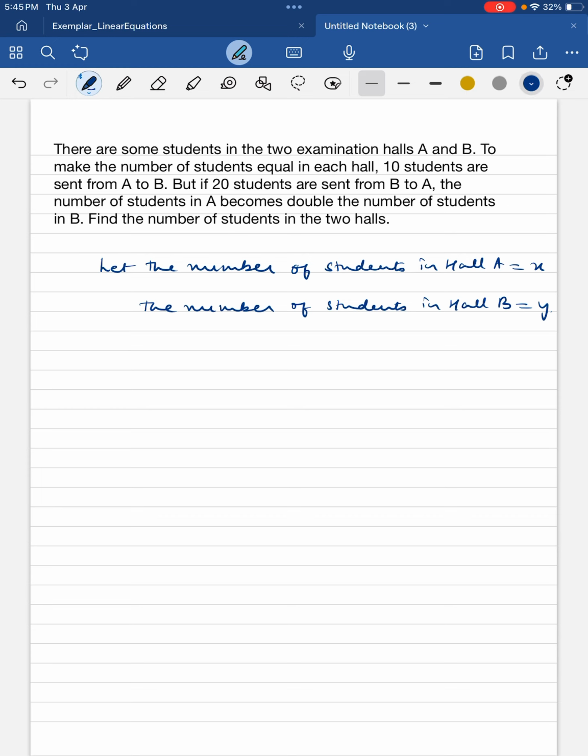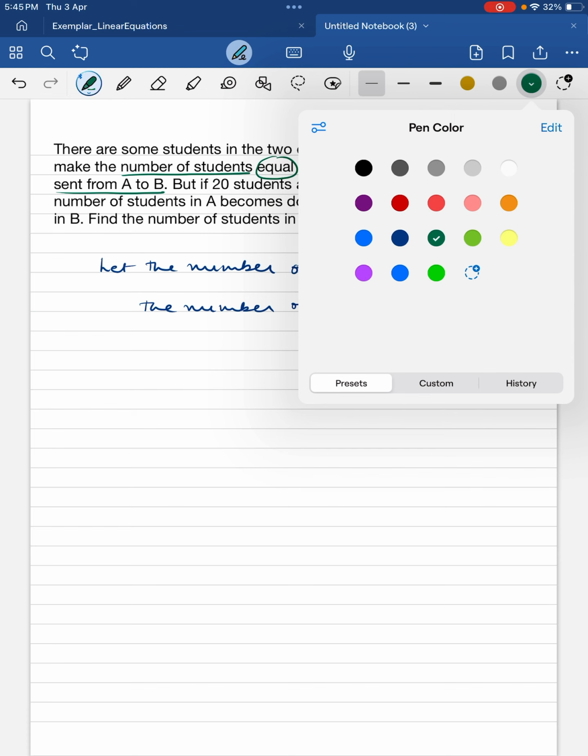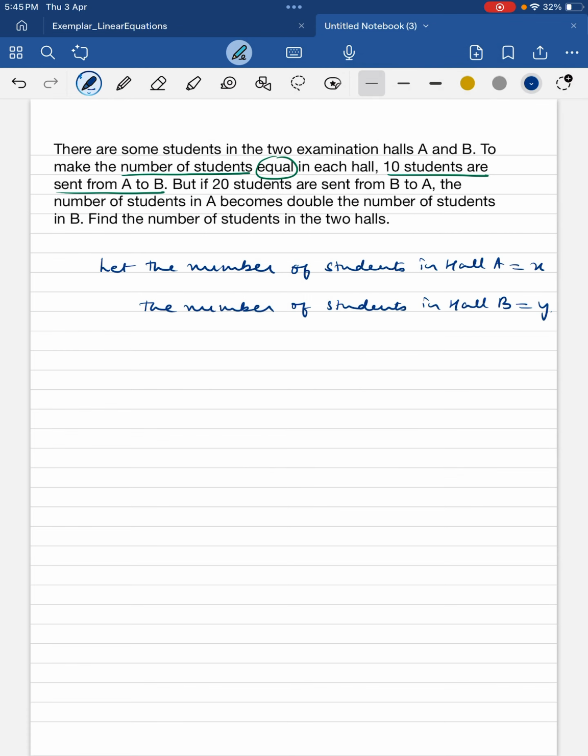Now what have they given us in the first equation? First they've told us to make the number of students equal in each hall, 10 students are sent from A to B. Now if 10 students are sent from A to B, how many students are left in hall A?